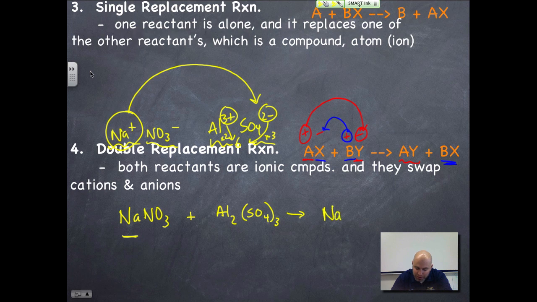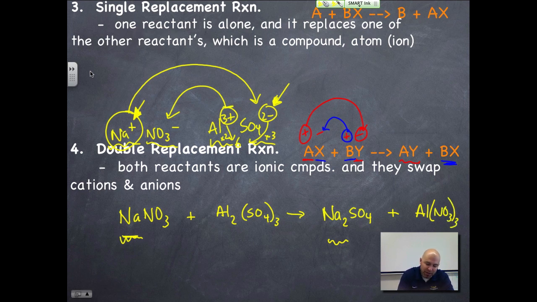We need to write the correct formula for that when it gets together. Now, I know that on the reactant side we only have 1 sodium, but we need to have 2 on this side because sodium's a +1, and when it gets together with sulfate, which is a 2-, we need 2 sodiums. And the other product is going to be the aluminum getting together with the nitrate, which should be Al(NO3)3.